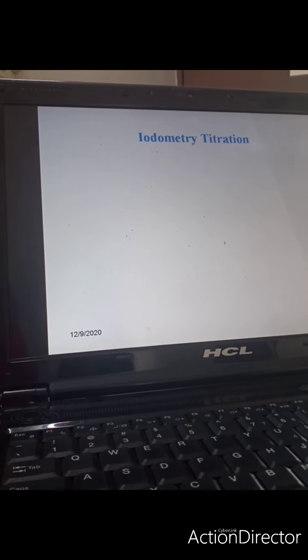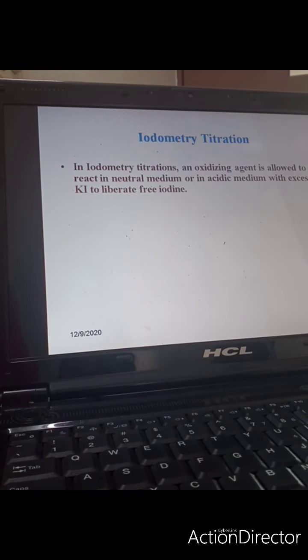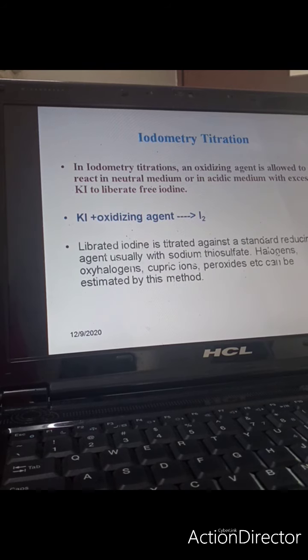Another example includes iodometric and iodimetric titration. In iodometric titration, an oxidizing agent is allowed to react in a neutral or acidic medium, and what will be liberated is free iodine. So this liberated iodine will be titrated against some reducing agent. Generally we use sodium thiosulfate.